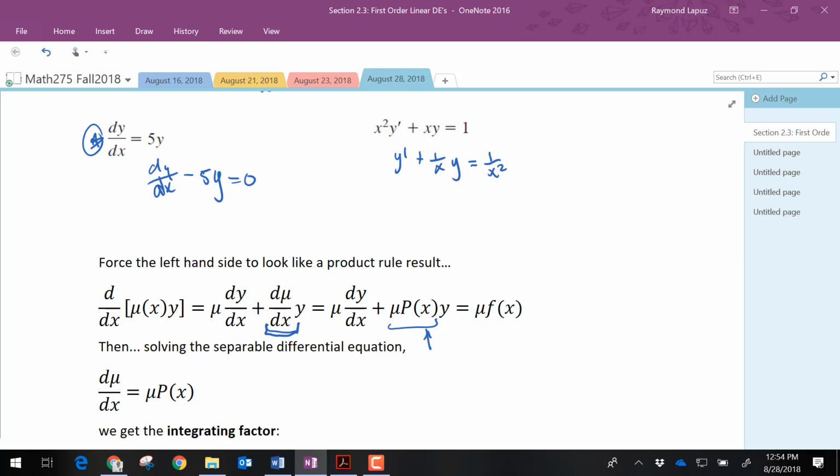And so you set these two things equal to each other. It's a separable differential equation, isn't it?